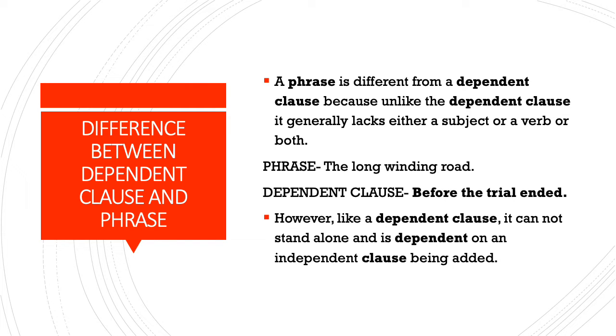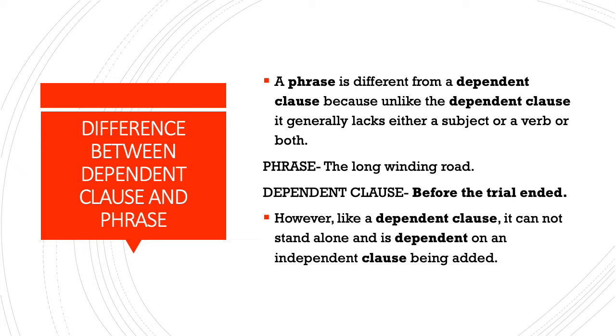So there is one similarity and one difference between phrase and dependent clause. What is the similarity? Both are incomplete. And what is the difference? The dependent clause has both the subject and verb. A phrase may have either a subject or a verb, or it may have neither.